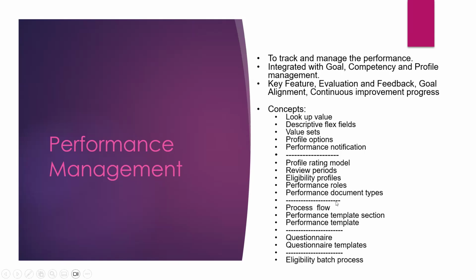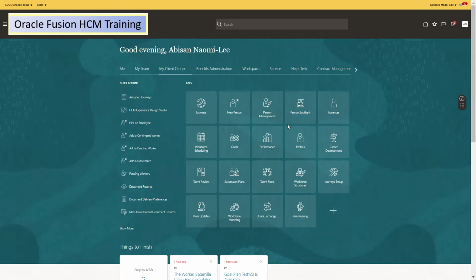Once this is all ready, we run the eligibility batch process to assign the performance document to the staff. So this is the basic thing. Let's go quickly to the system and see the basic navigation, how we can navigate to all the performance work areas. As HR, we would be doing all the configuration setups, and for that we would go into the performance work area.